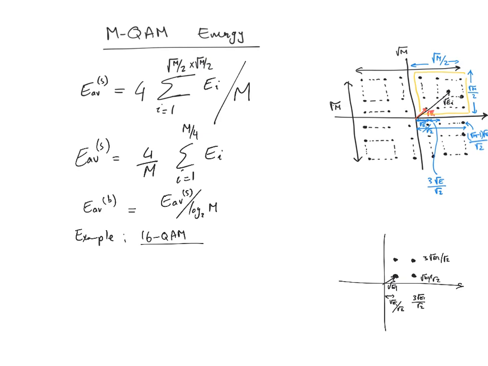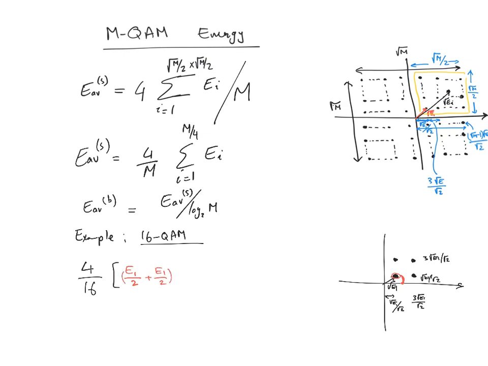And if I want to do the different points, in the expression, I have 4 divided by M. What's M? It's 16, multiplied by, and now let's go across the points. The first point, this one, will have the X dimension root E1 divided by root 2, and the Y dimension, this dimension as well, is root E1 divided by root 2. So the square of that and the square of that is going to be E1 over 2 plus E1 over 2.